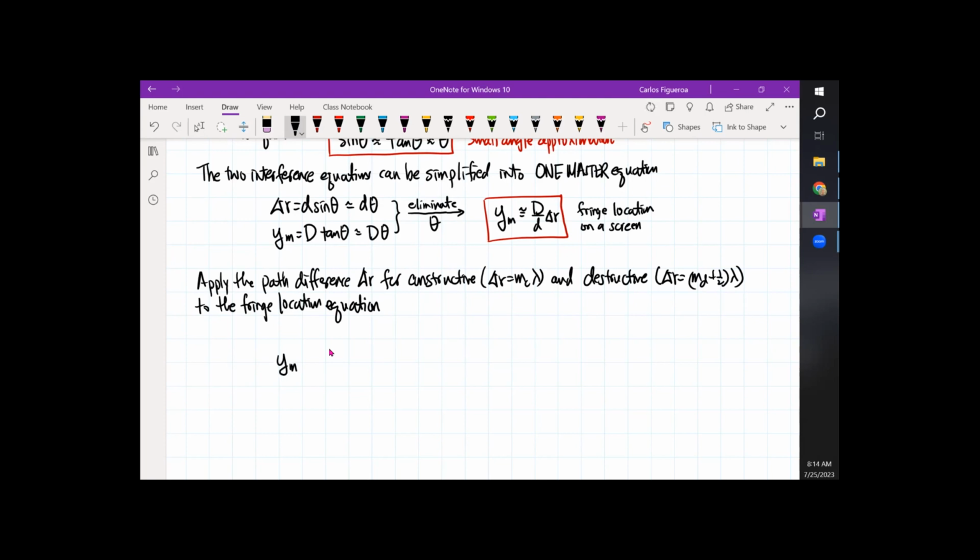So I'm going to have y of m is big D over little d times delta R. And this will then equal either m_c big D lambda over little d, for bright fringes, or m_d plus 1/2 of big D lambda over little d, for dark fringes, where m_c and m_d have the same values.